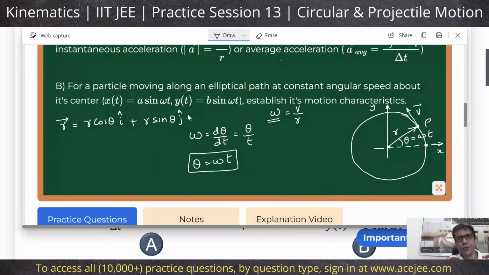Any concerns, any issues with that? Yes, beta? Yes, sir. Now, what is velocity? Well, velocity is the rate at which the position vector is changing, or I should say displacement by time, dr by dt. So let's differentiate it. And to differentiate, we need to know what theta is. Theta, we said, is omega t.